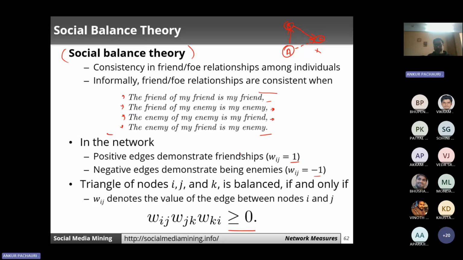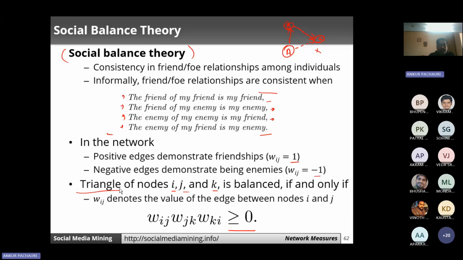Positive for friendship, negative for enemy. And I'm dealing with triangles i, j, k, as I have already explained, because triangles are the smallest complete graph and the basic building blocks towards higher order complete graphs.